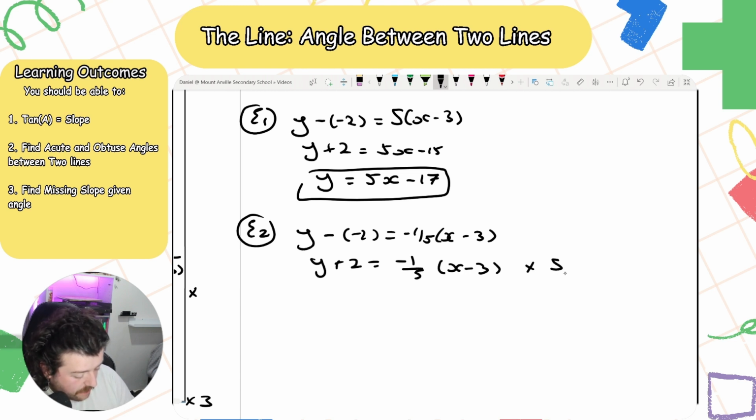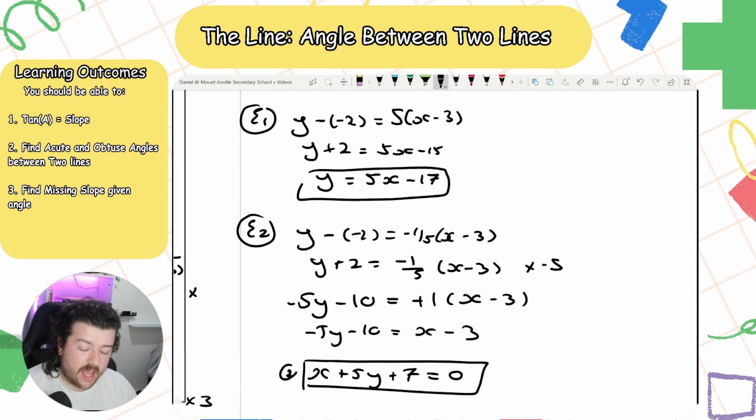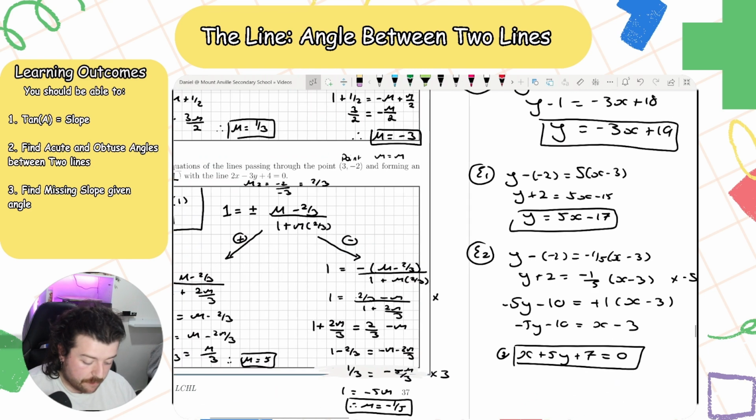Multiply both sides by minus 5: minus 5y minus 10 equals x minus 3. Bring everything over to one side. x plus 5y minus 3 plus 10 gives me plus 7 equals 0. And that is the equation of the second line that it could possibly be.